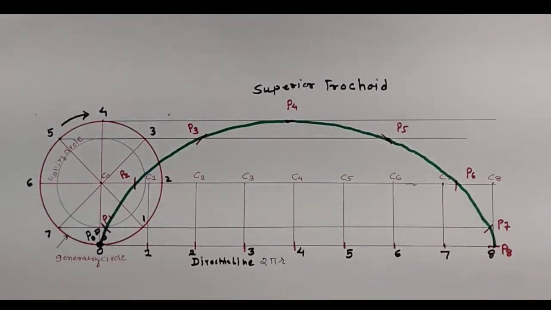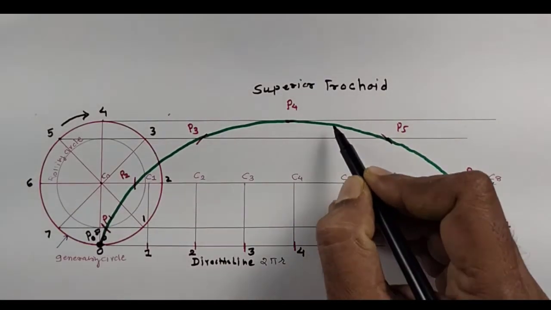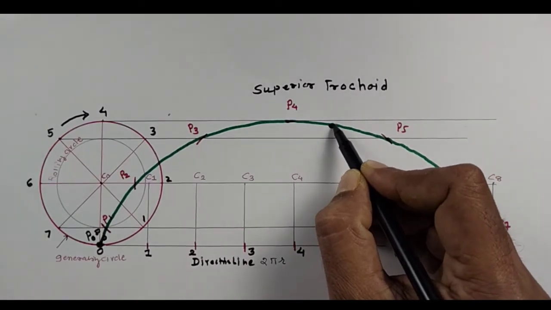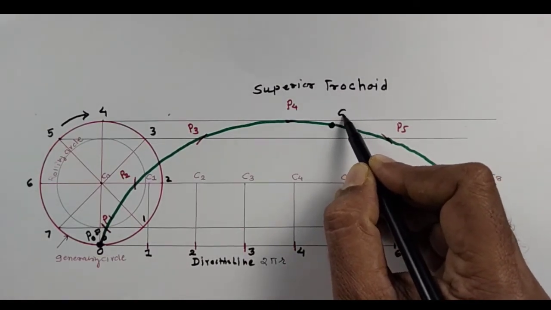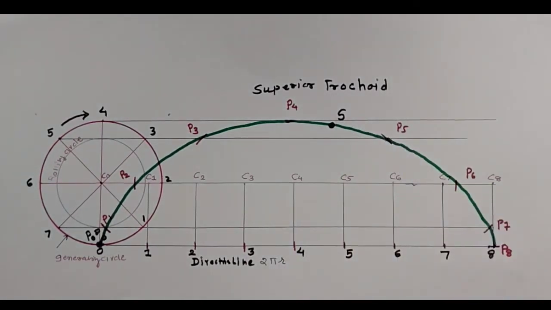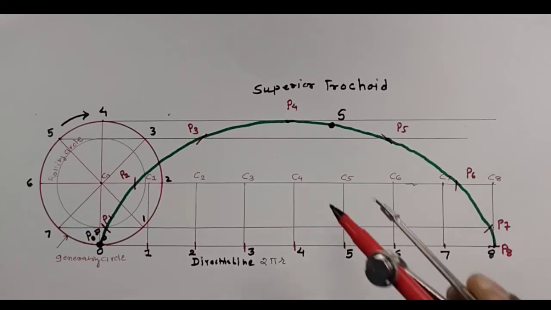Now draw the tangent and normal at the given point S. So first we choose the point S on the superior trochoid. Now we find the center of S as CS.